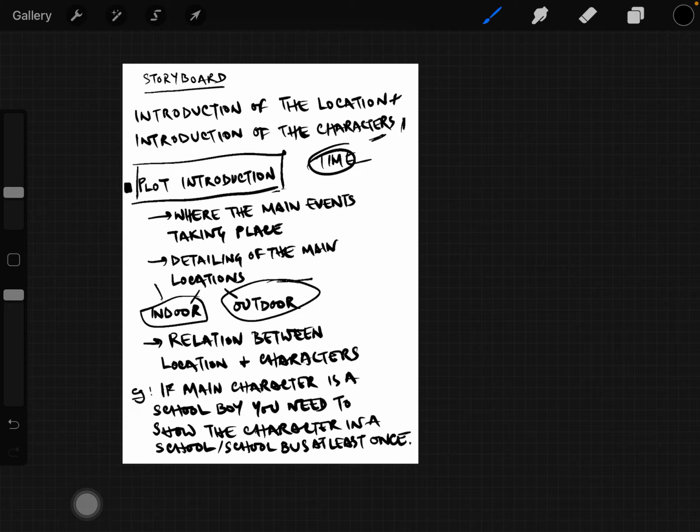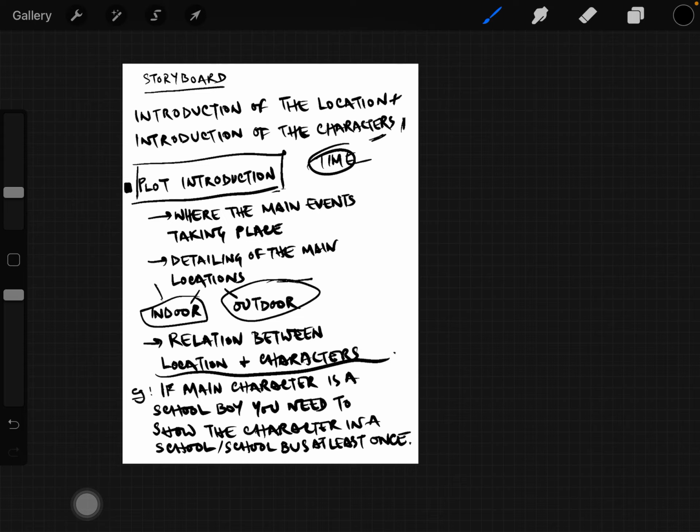If we are talking about some street guys in a story, characters who are living in the streets, then those kind of streets or those kind of background drawings should be there, right? So the major characters in the story have a very direct relationship with the location. Keep that in your mind very carefully.